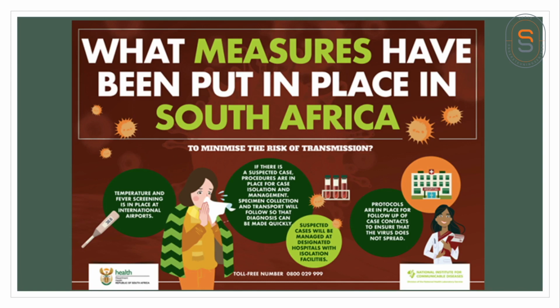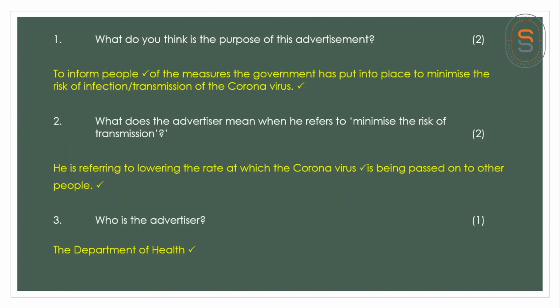And then protocols are in place for follow-up of case contacts to ensure that the virus does not spread, with visuals again with it. And then it looks like the Department of Health was responsible for this advertisement with a toll-free number at the bottom, obviously. Let's have a look at the questions.